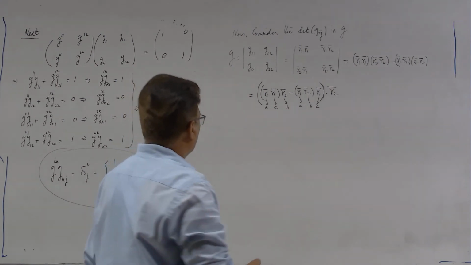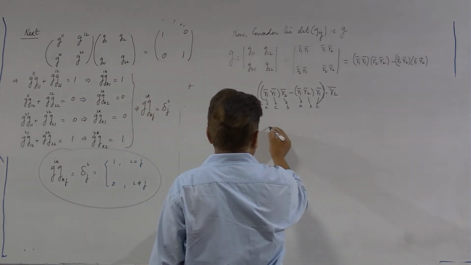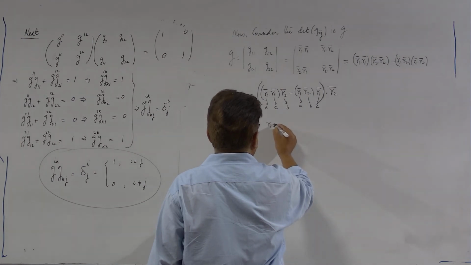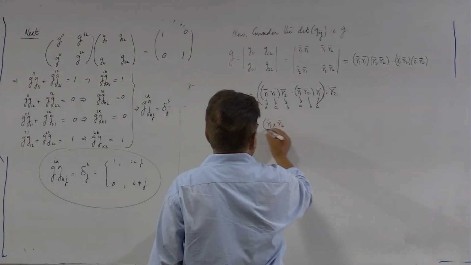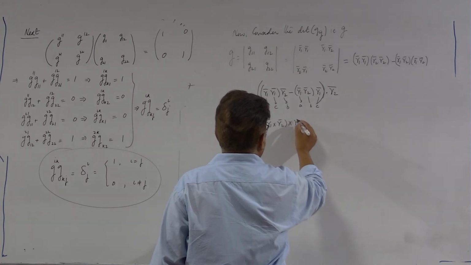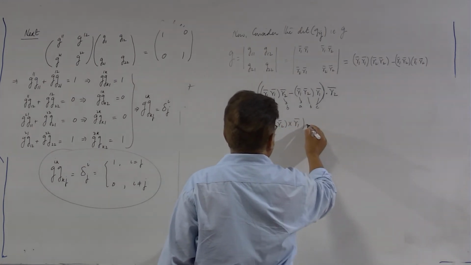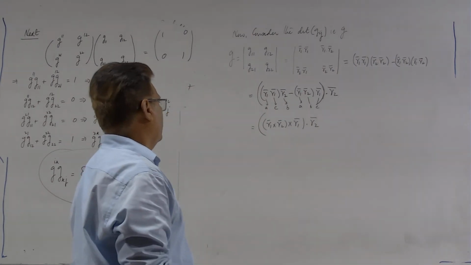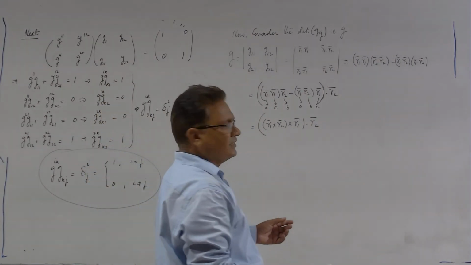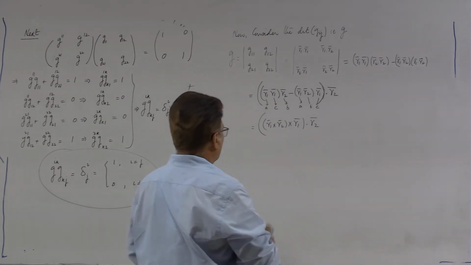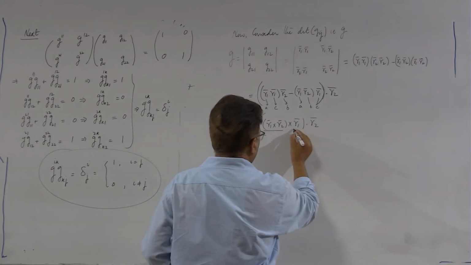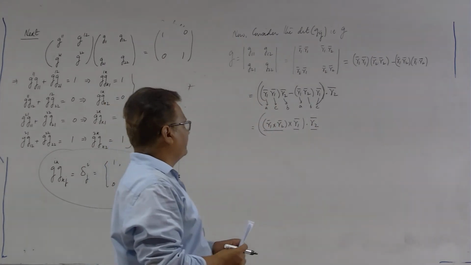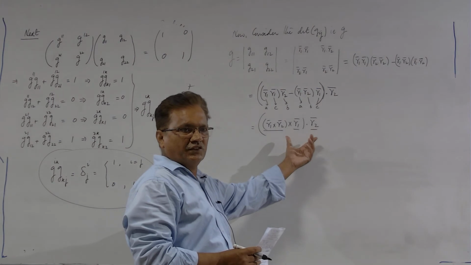So this is R1 cross R2 cross R1 and then dot R2. So for a minute you consider this as a scalar triple product. This is one vector, this is the second vector, this is the third vector.